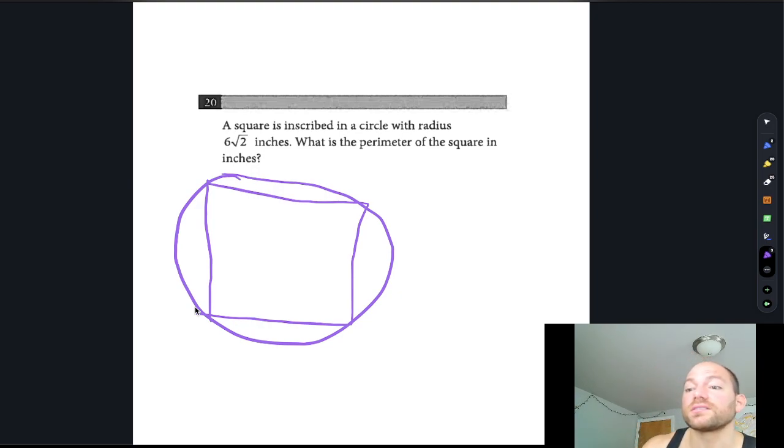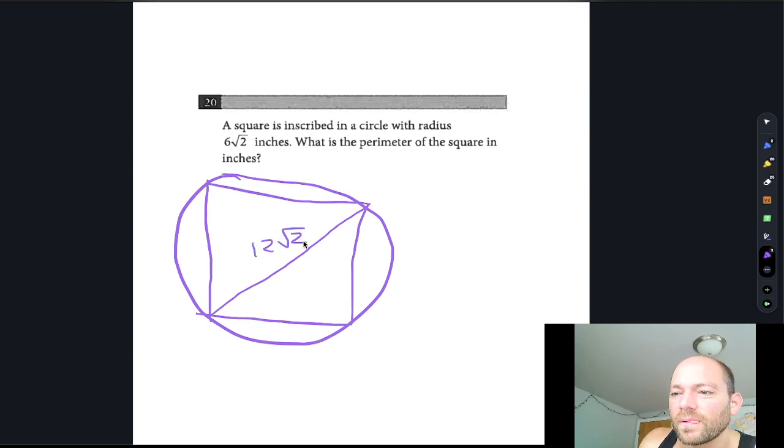So once again, you remember how we're going to draw this, right? I'm going to draw the whole diagonal or the whole diameter. And since I'm drawing the whole diameter, I know that it's actually double the length of the radius. It's going to be 12 root 2.